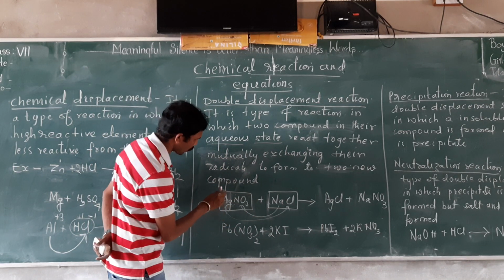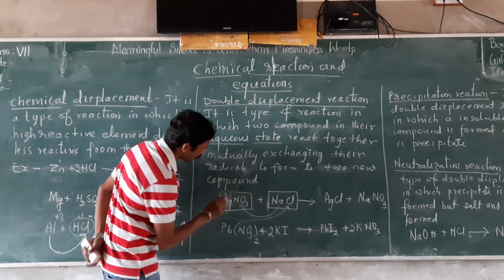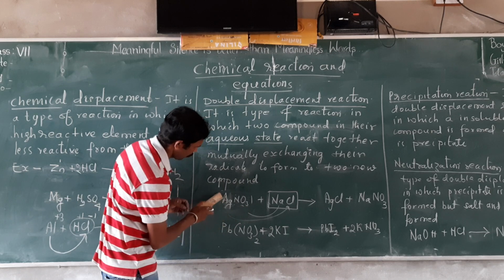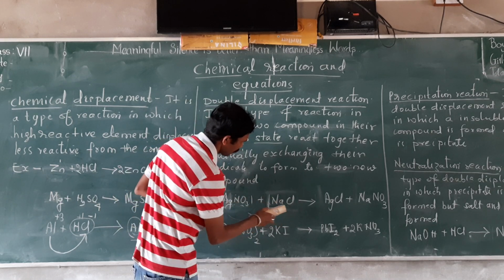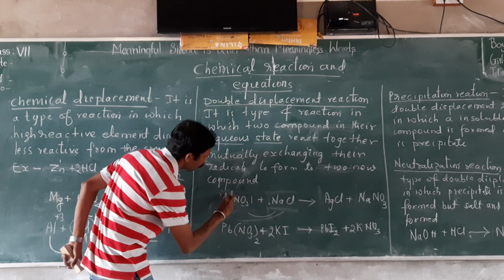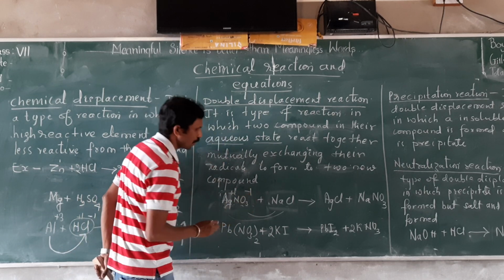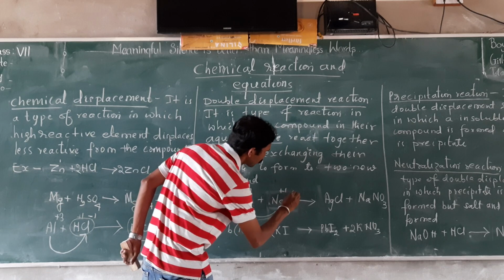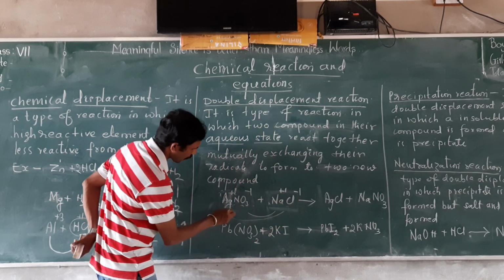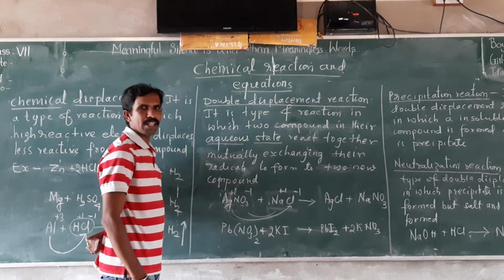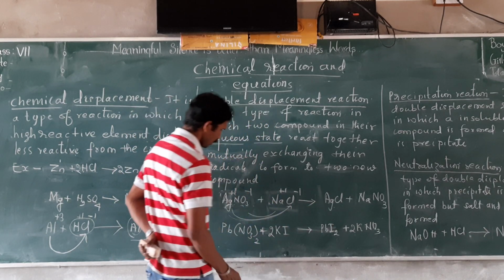How does it happen actually? The valency of Ag is +1 and NO3 is -1. Similarly, sodium is +1, Cl is -1. So Ag's cation reacts with the anion Cl and forms AgCl.